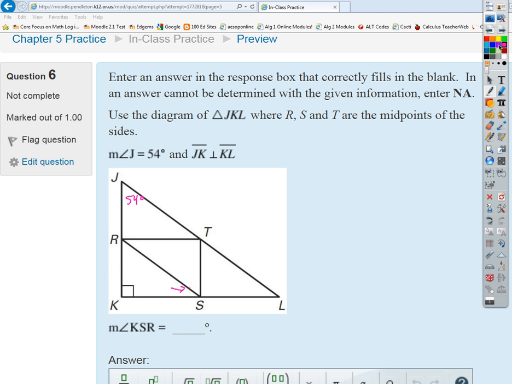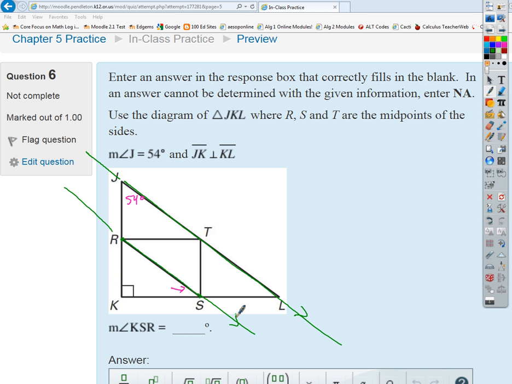So for example, if we take this mid-segment right here, that mid-segment, because it connects points R and S, which are midpoints of sides, is parallel to what side? JL, right? So how about if we extend both of those and treat those as two parallel lines? Right? We get parallel lines. And then what might be a useful transversal if we want to find an angle that's congruent to 54?